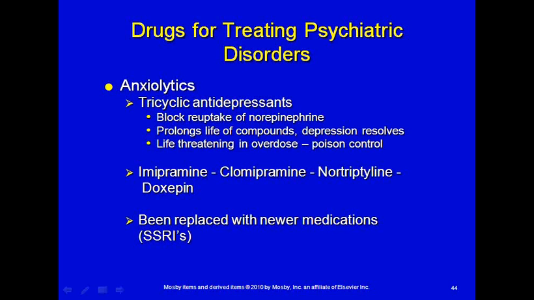Tricyclic antidepressants were around long before we had SSRIs and SNRIs. They're like first generation anxiolytics, and they block the reuptake of norepinephrine, which helps relieve depression. But with tricyclic antidepressants, you can overdose, and the overdose can be life-threatening. Whereas with an SSRI, you probably wouldn't have enough in your possession to overdose.